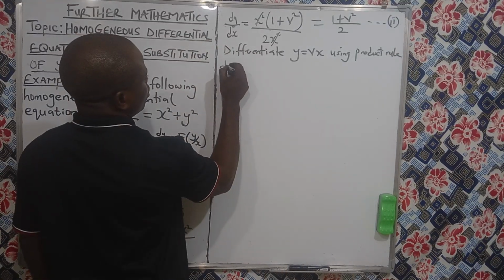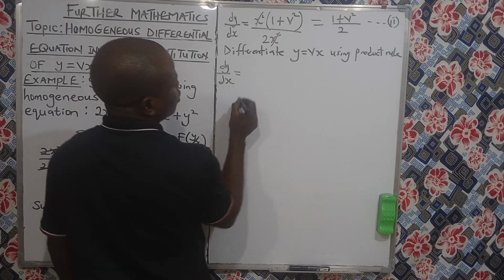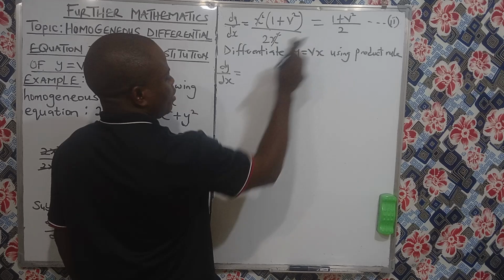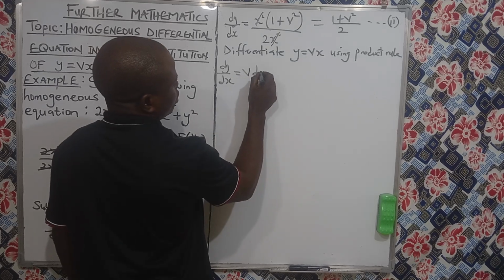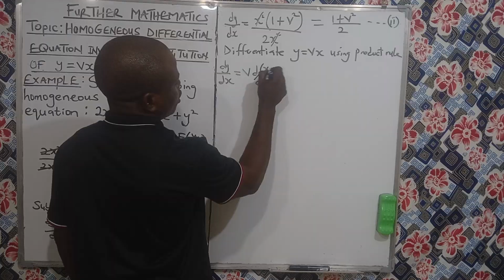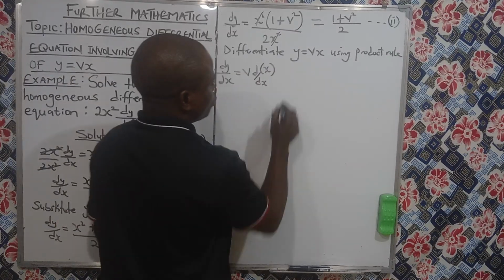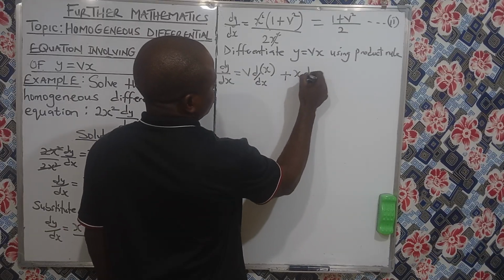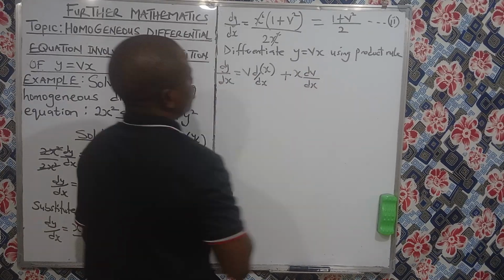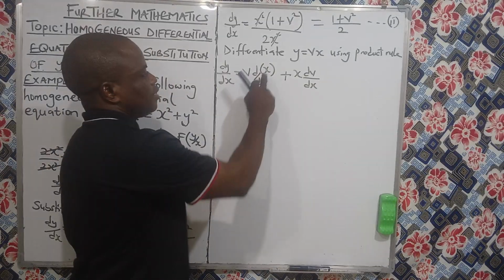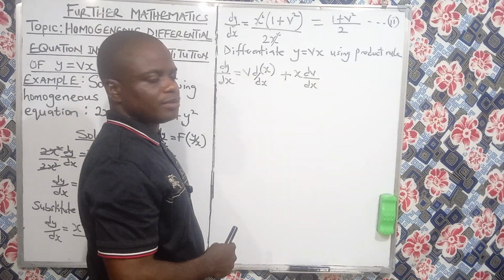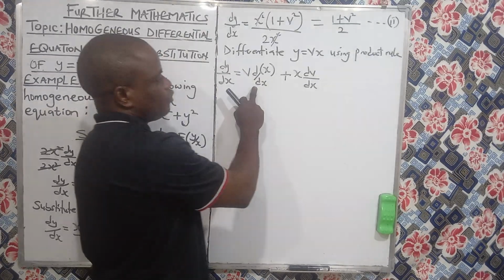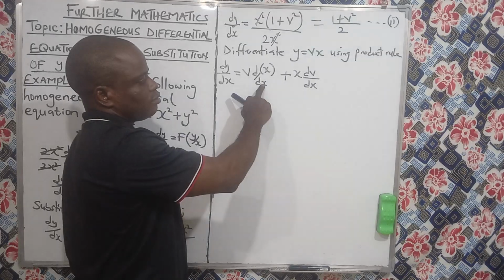Now you say dy over dx equals, you keep the v and differentiate the second one first, d of dx of x. When you're using the product rule, it's addition that's in between them, plus x dv over dx. Please take note, x is an independent variable and its derivative with itself is always 1.